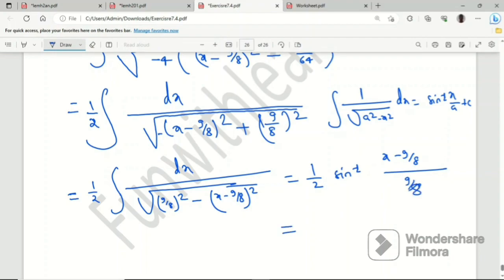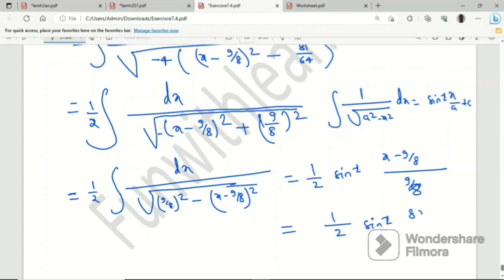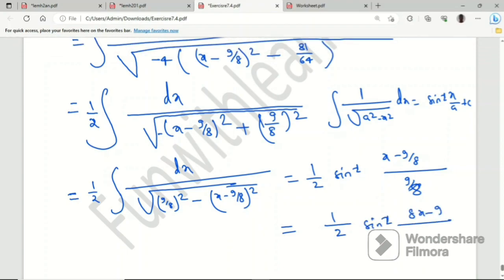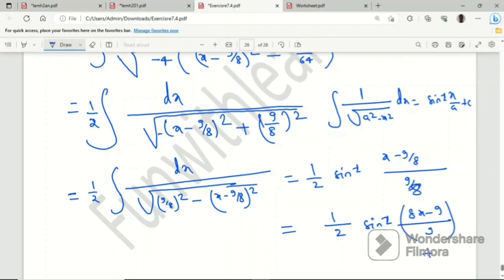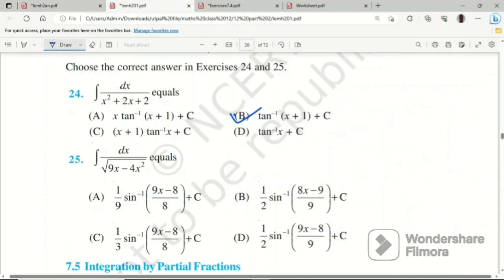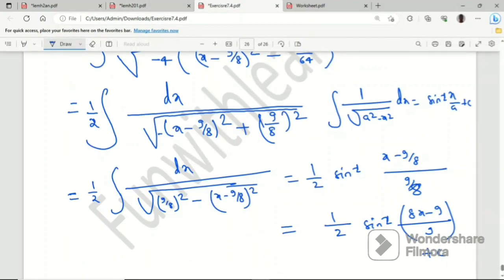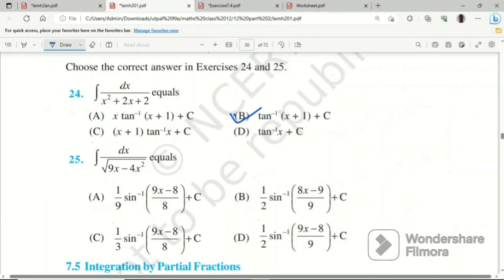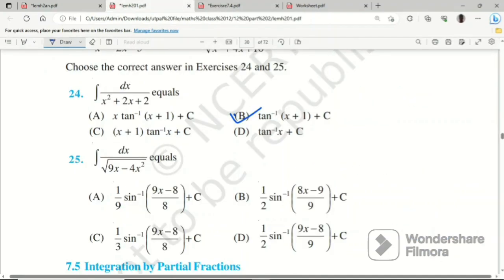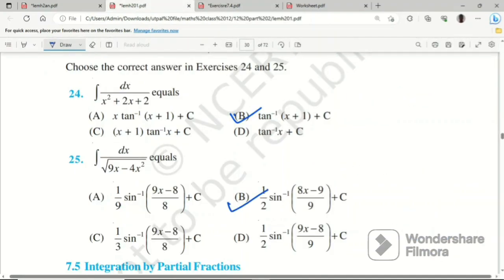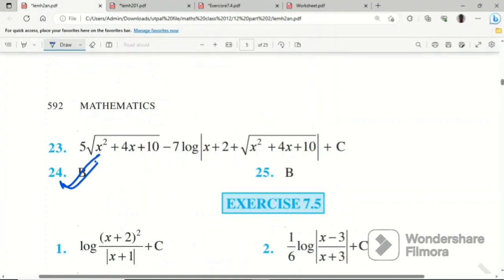So I'll get 1 upon 2 sine inverse 8x minus 9 upon 8, it will get cancelled, it will be 9, plus c. So we can check the answer right now for 25th number. What is 1 by 2 into sine inverse 8x minus 9 upon 9. I think B should be our answer. Yes, B is our answer.